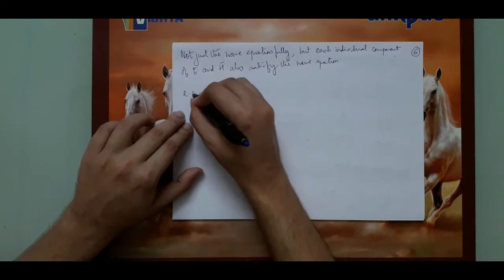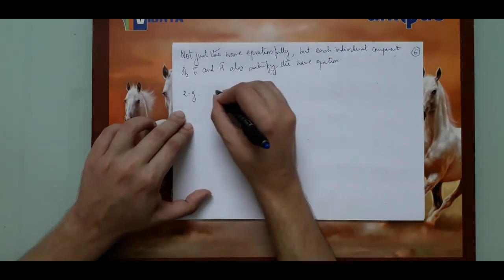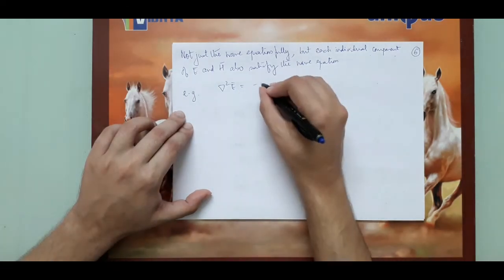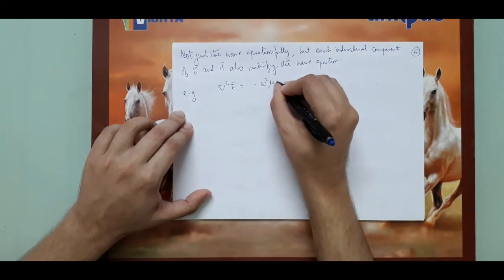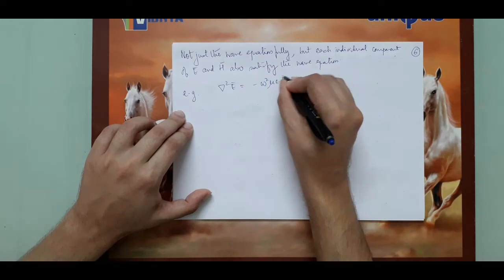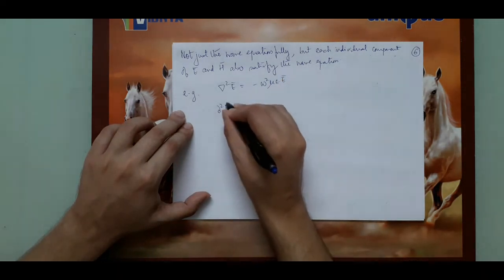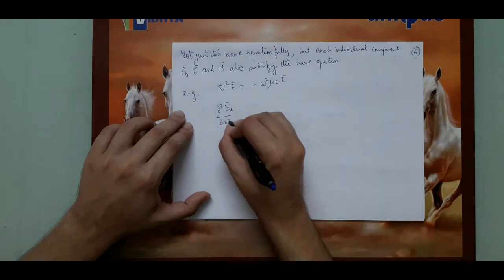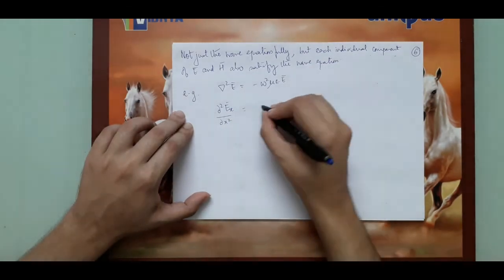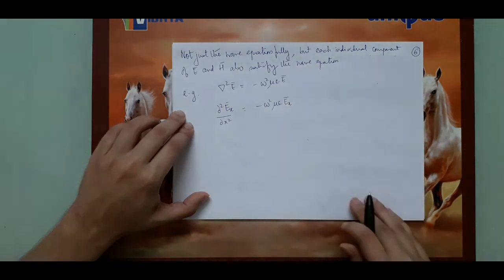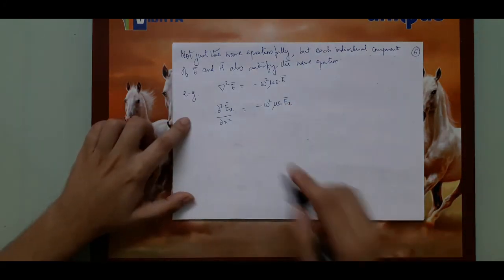For example, let us take the electric field. Just like how we have established this, I can also say that the x component will be equal to this, and likewise I can say for the y component also.